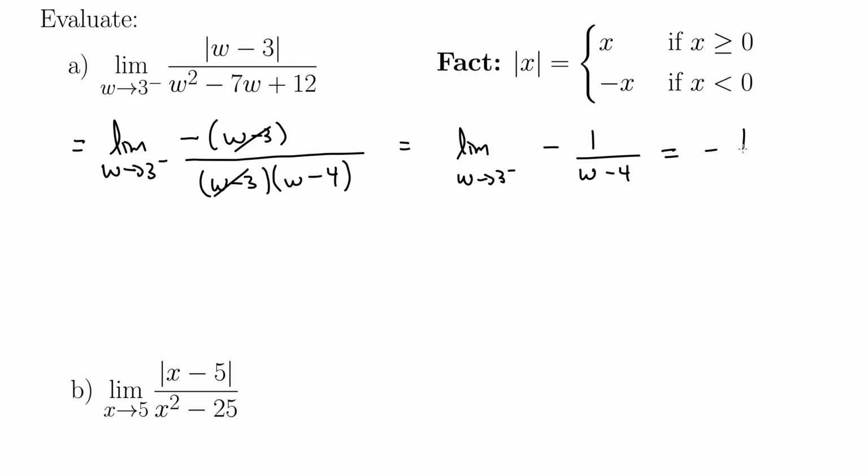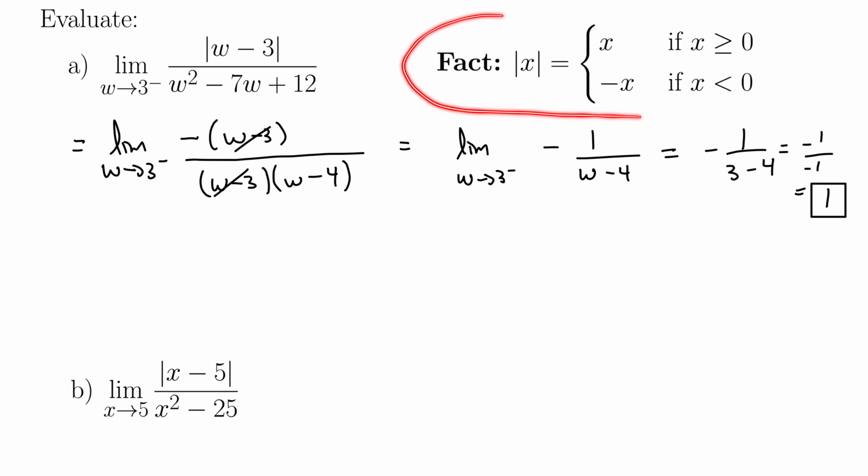So this is negative 1 over 3 minus 4, which comes to negative 1 over negative 1, equals 1. We have to admit that it's tempting to just drop the absolute value, and unfortunately that's what a lot of students do here. But now we know that anytime you see an absolute value with a limit, it means you need to slow down and really consider this fact about the absolute value of x.